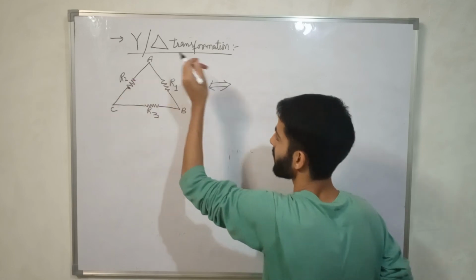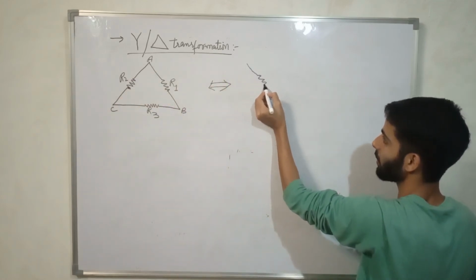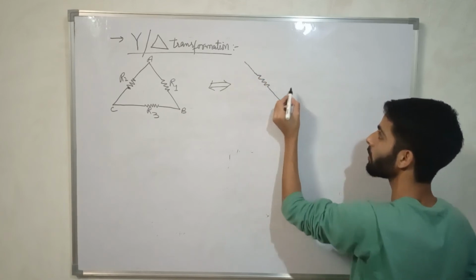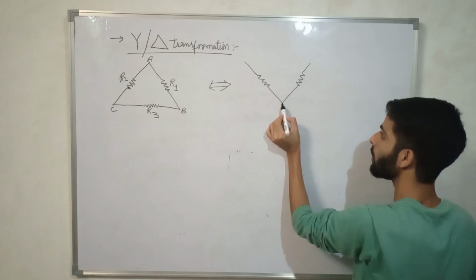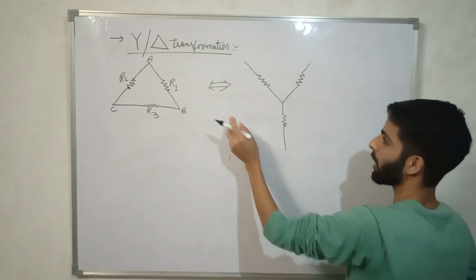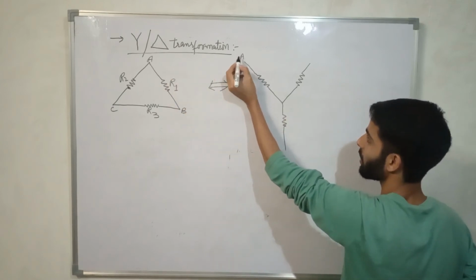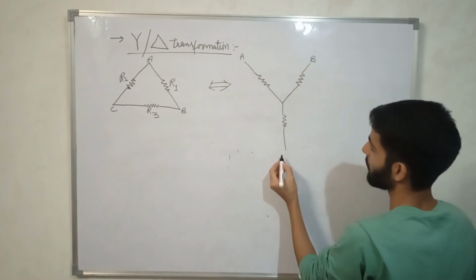Delta is written like this. We will form it into a Y structure or star structure. Point A, point B, point C.